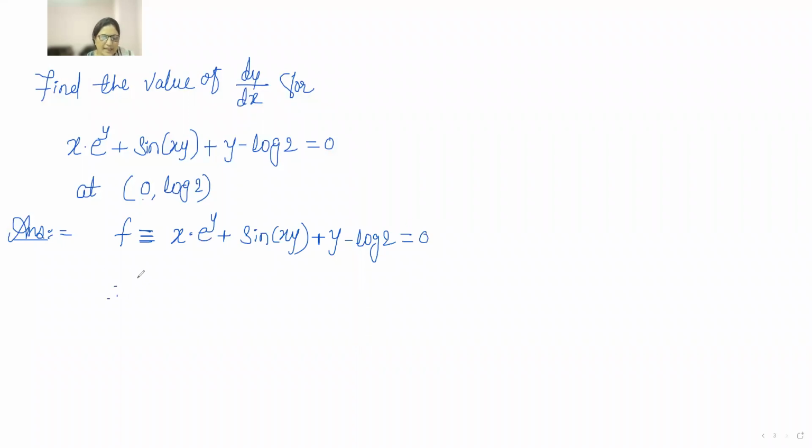Now derivative of given function with respect to x, that is ∂f/∂x, also denoted as fx, is equal to derivative of x into e raised to y with respect to x, that is e raised to y, plus derivative of sine of xy with respect to x, it is y into cos of xy, and next terms are constant, so it will be 0.